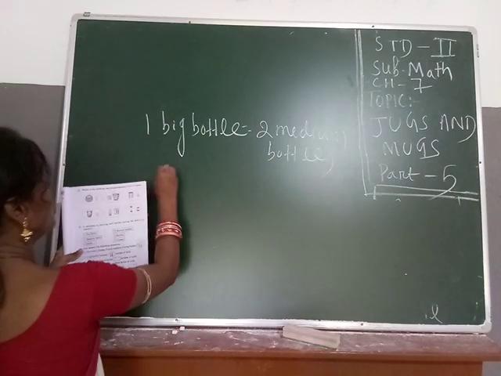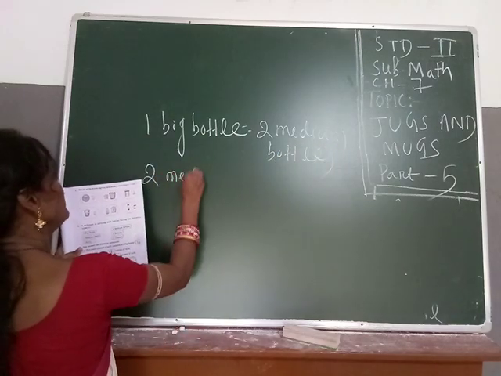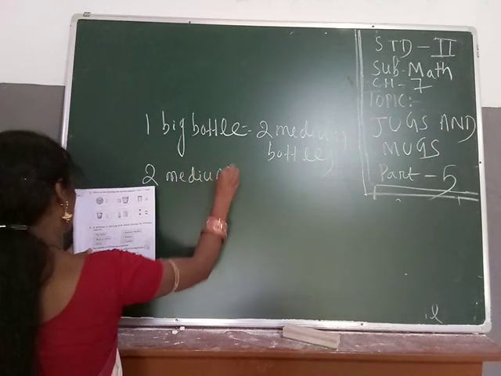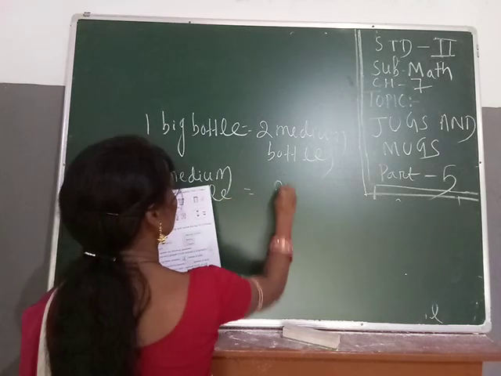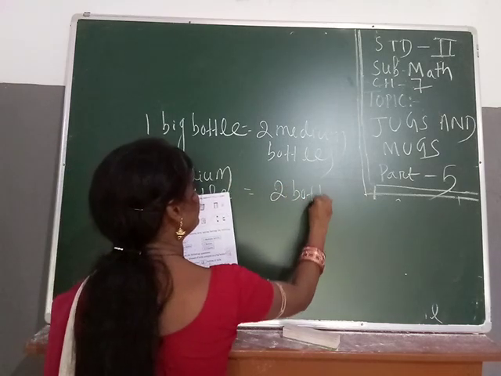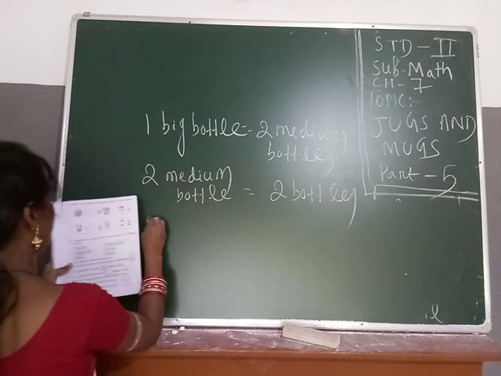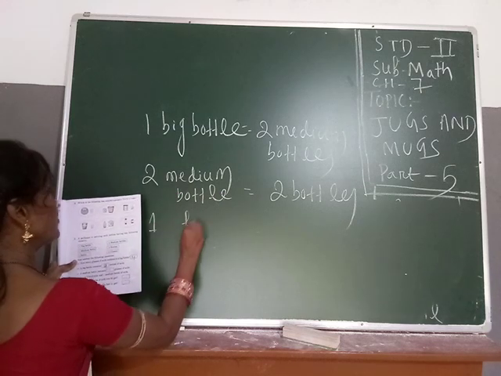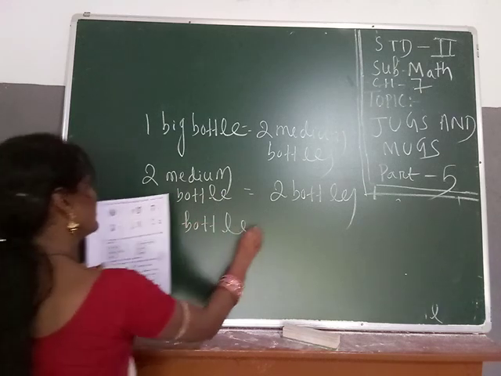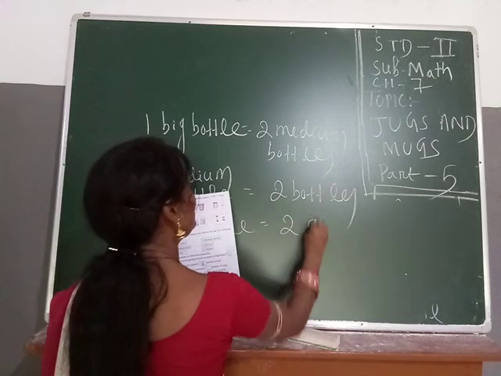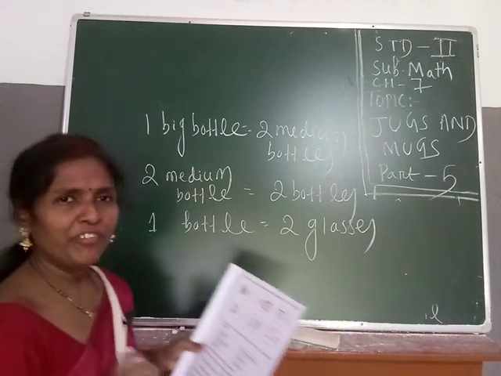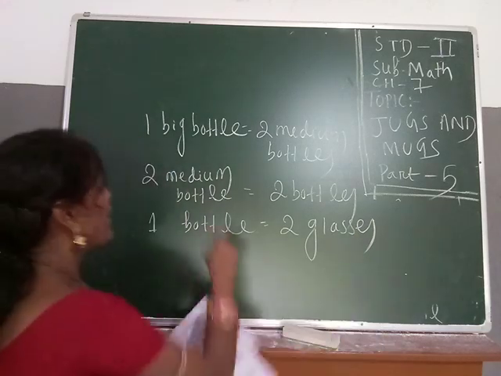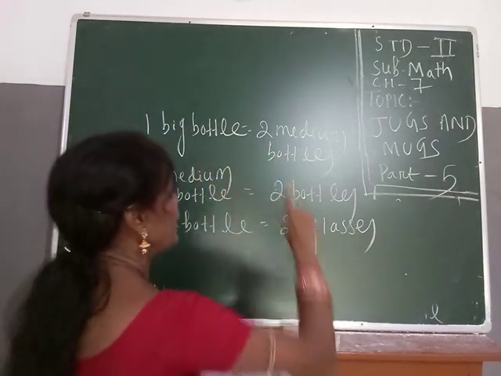Next, 1 medium bottle can hold 2 bottles. Next, 1 bottle can hold 2 glasses. Students, this is the information given. 1 big bottle means 2 medium bottles.